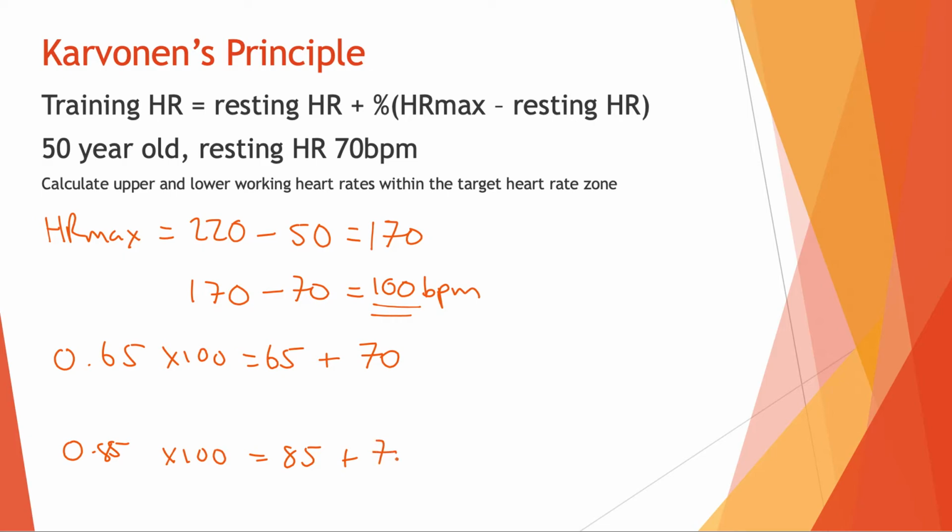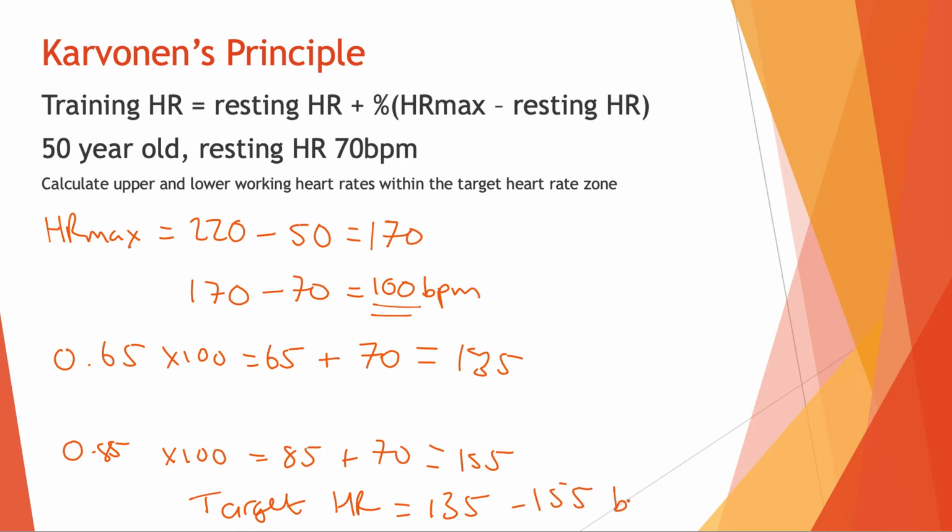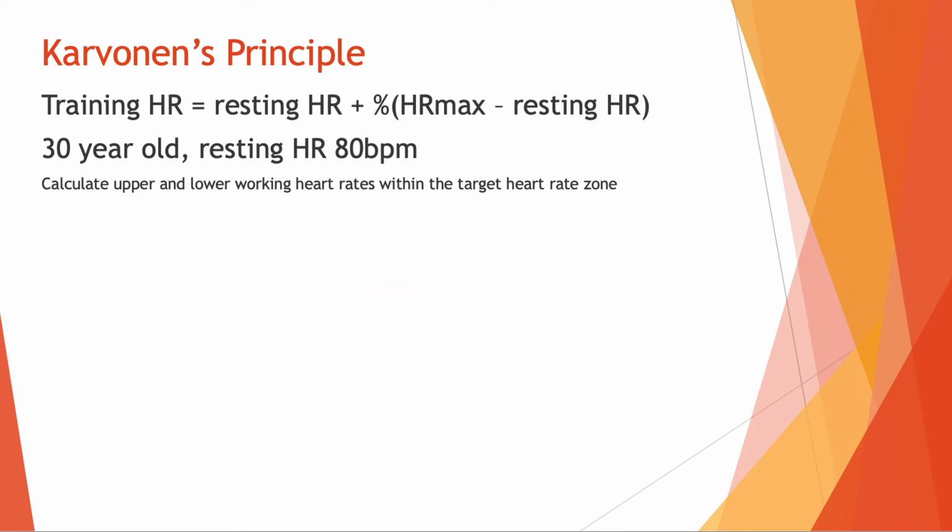So add on 70 to both of those, and that gives us 135 and 155. So this person's target heart rate is between 135 and 155 beats per minute for their session using Karvonen's principle.